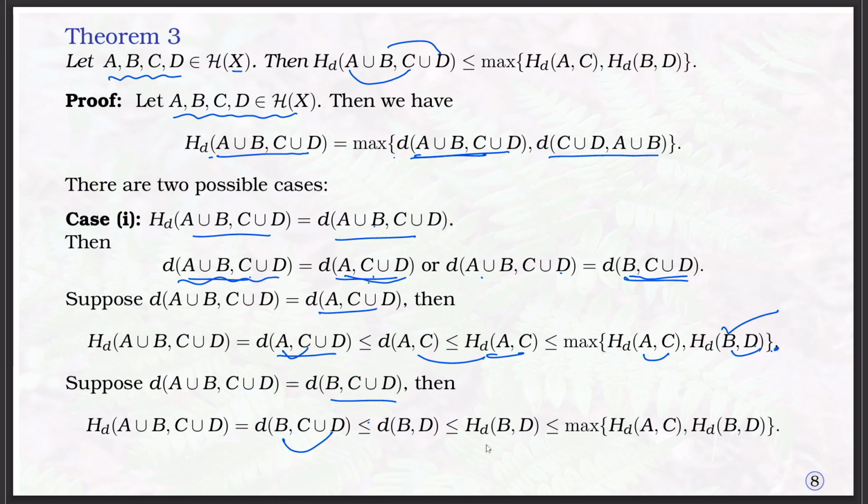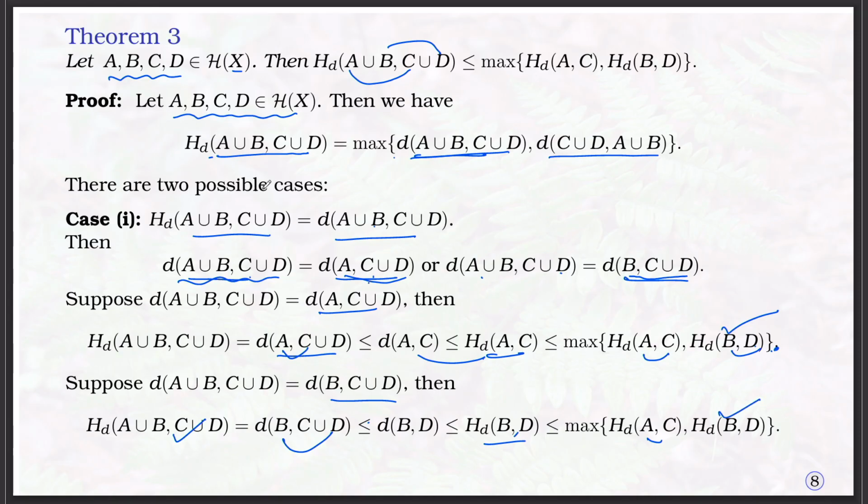Then this is lesser than the Hausdorff distance between B and D, because we are taking the maximum of the distance between B and D and D and B. Therefore, taking one element, it is less than or equal to the Hausdorff distance of B and D. So, this is less than or equal to AC and BD. So, we arrived at this one.